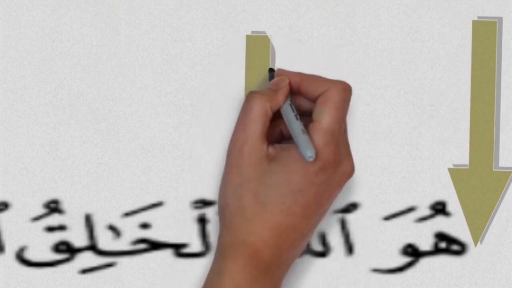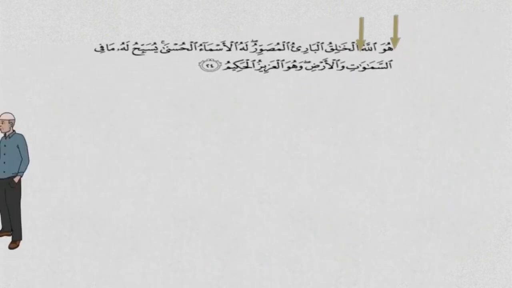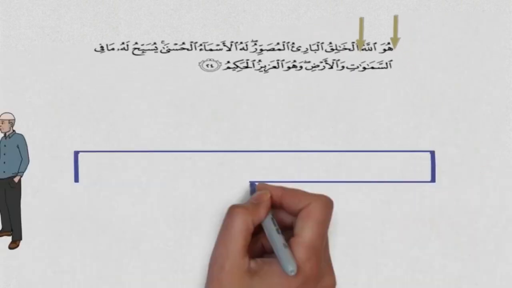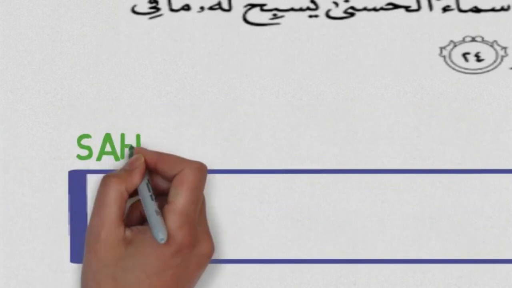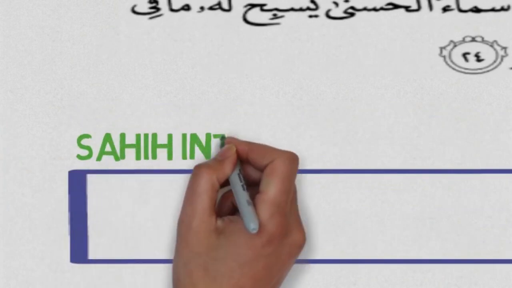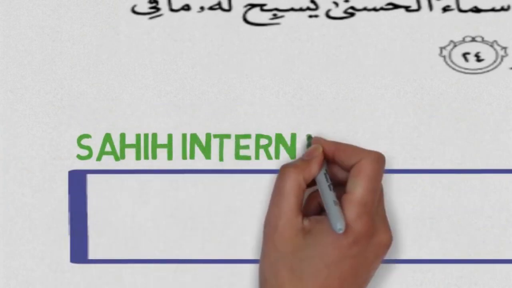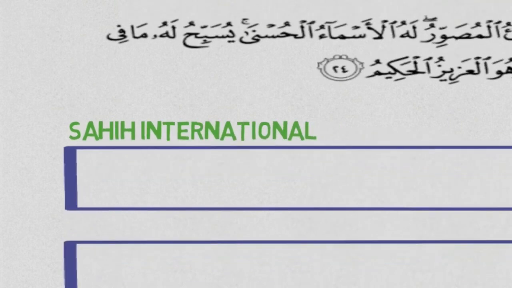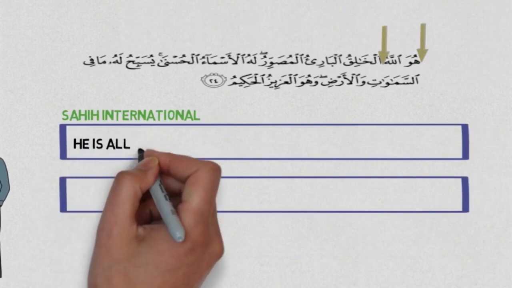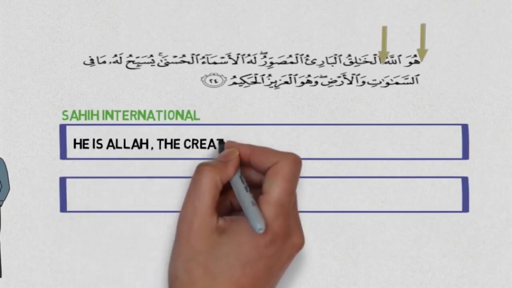The pronoun is not a theme or mubtada, because in the previous verse we have the same structure. Now we can compare the following translations of verse number 24 in Surah Al-Hashr, and which one is close to the grammatical function in Arabic.